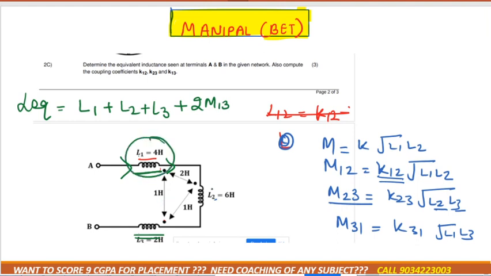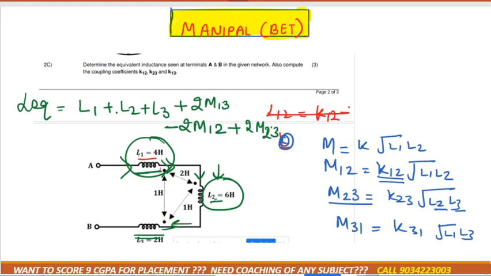Now if I look at L1 and L2, the current is entering, so that would be minus M1, right? Now if I look at L2 and L3, here the current is entering and here also the current is entering, right? So in this case, plus of M.